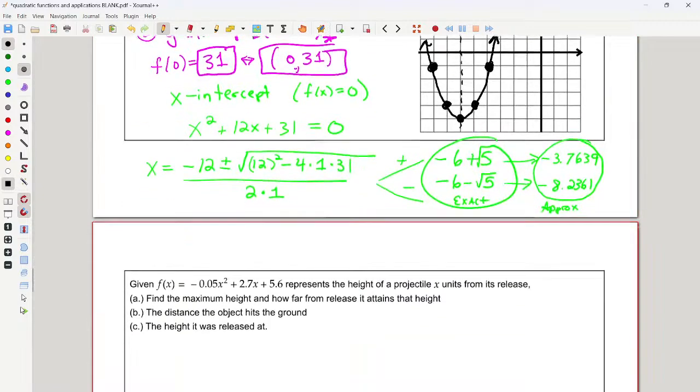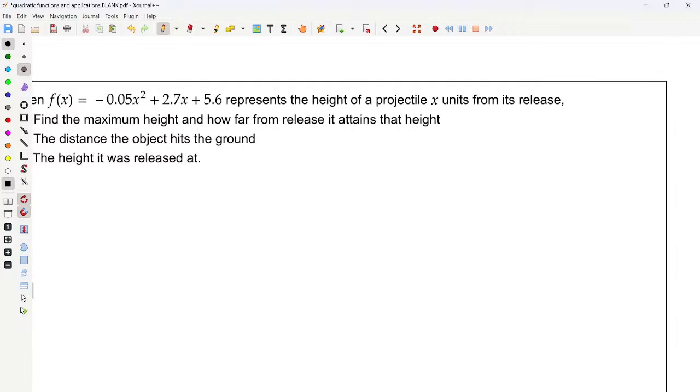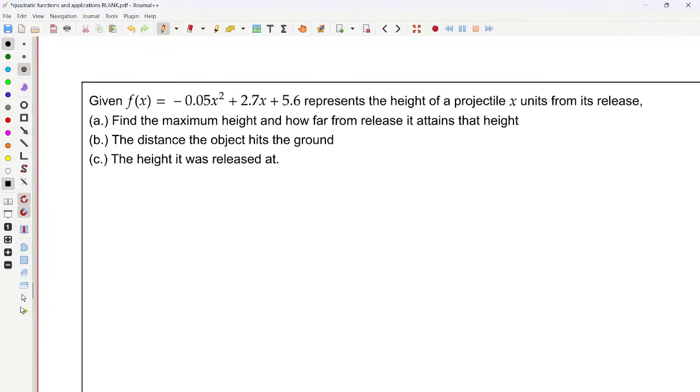Last objective for tonight is to look at some applications. How are quadratics used?